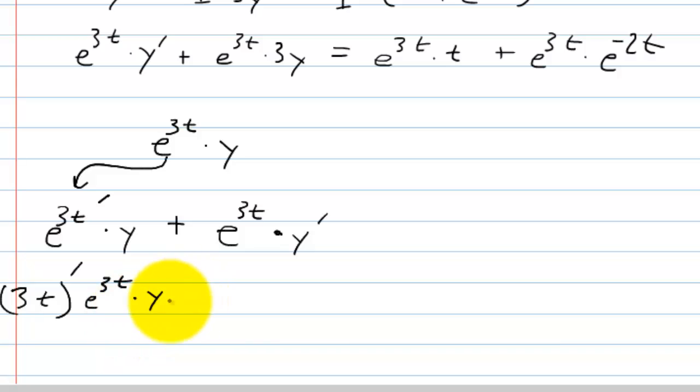So that ends up being 3 e to the 3t times y, which is what we have right here.